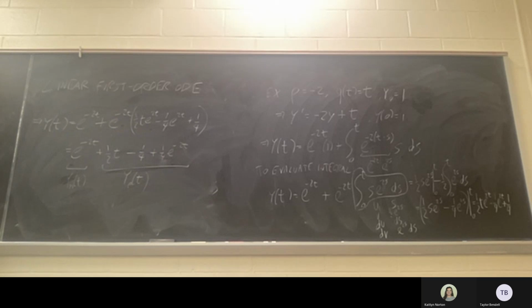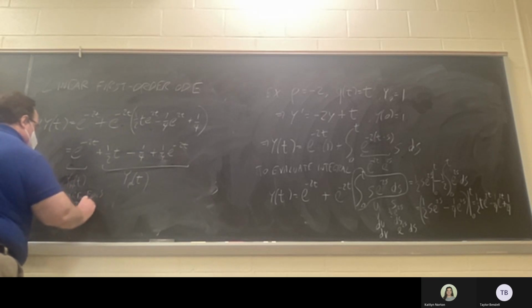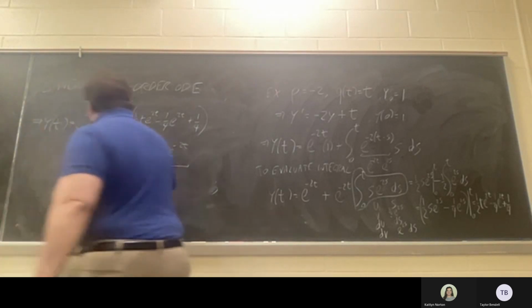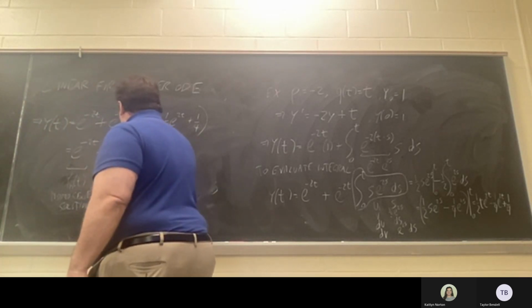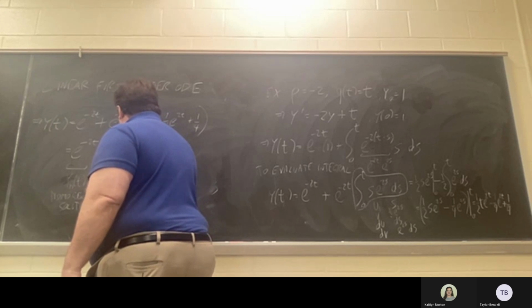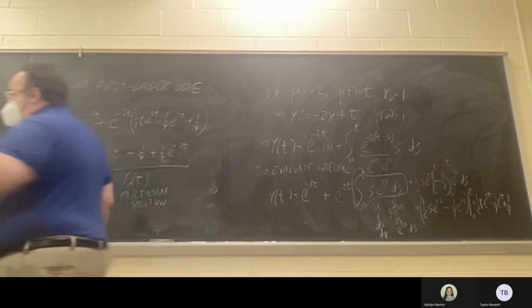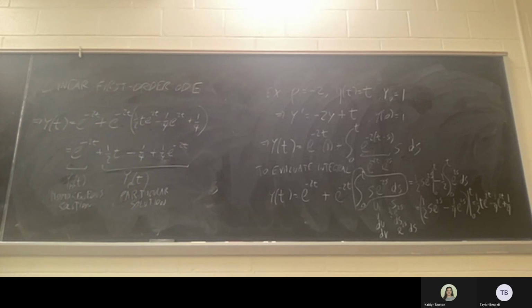Now, the names of these pieces: this is called the homogeneous solution, and yp of t, I'm calling a particular solution. Solution of what exactly? I need to make that clear.